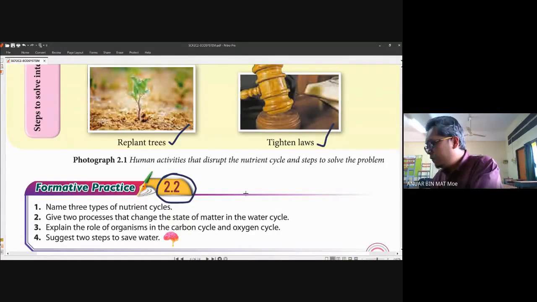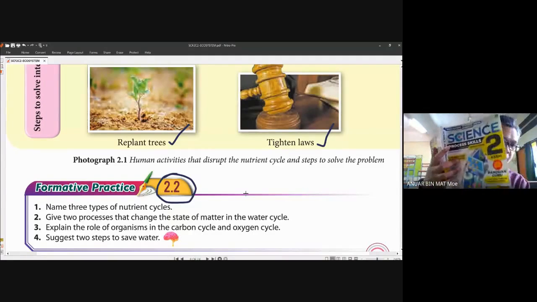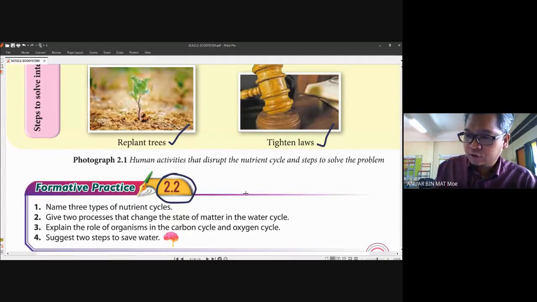Okay, and then for your workbook, you can try to finish page 12, page 13, and page 14. A very short answer.